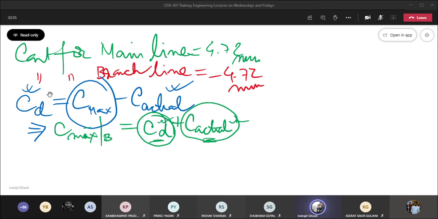What is the C actual for the branch line? It is minus 4.72. So though this is plus, ultimately it will be minus, because the actual cant provided on the branch line is negative. So what will we get?